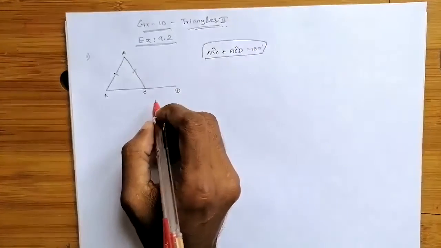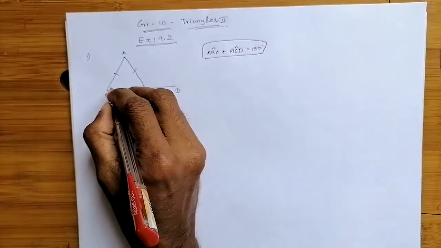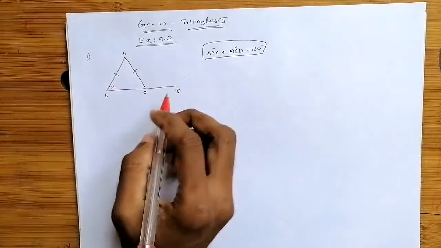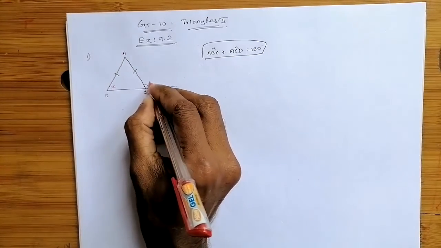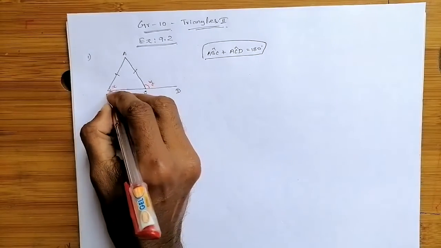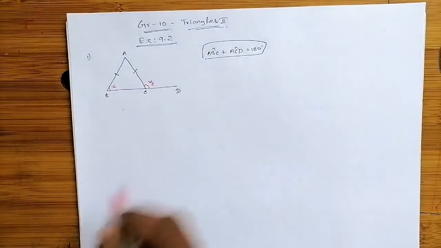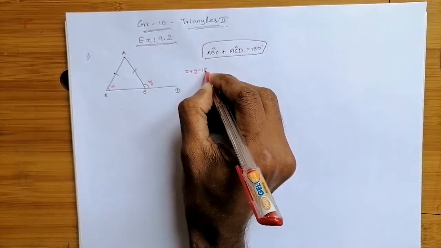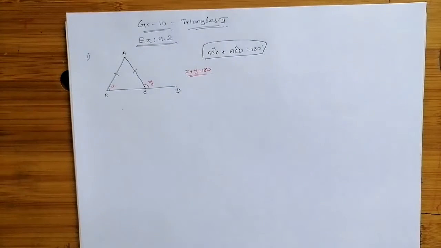Okay, we name this angle ABC as X, and ACD is the exterior angle, so we name it as Y. So in terms of X and Y, you need to prove X plus Y is equal to 180. So we indicate the angles we are going to prove. X and Y are the angles we need to prove.